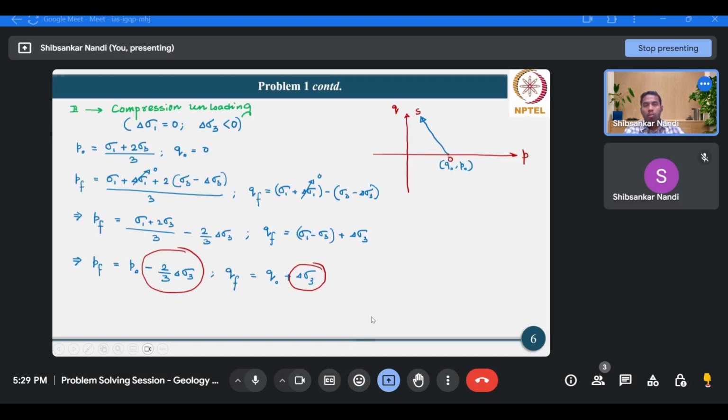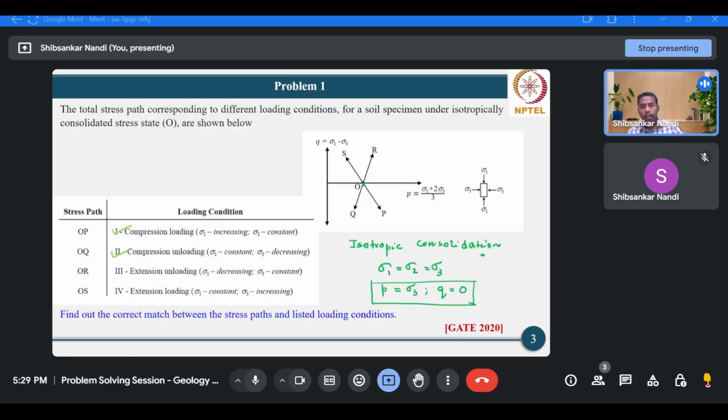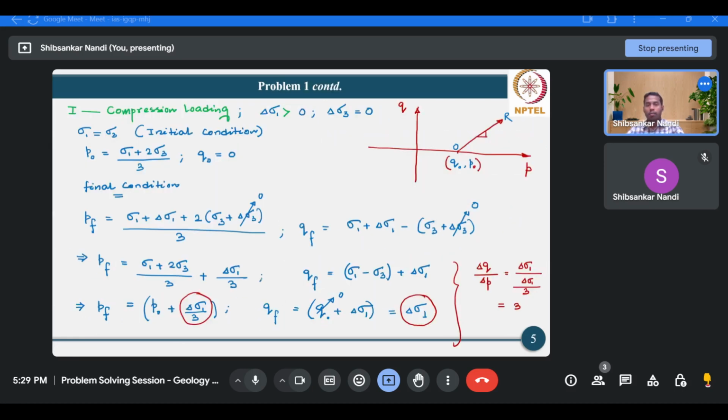Okay. So now we'll consider the third case, that is extension unloading. In extension unloading, your sigma 1 is now decreasing and sigma 3 is constant.